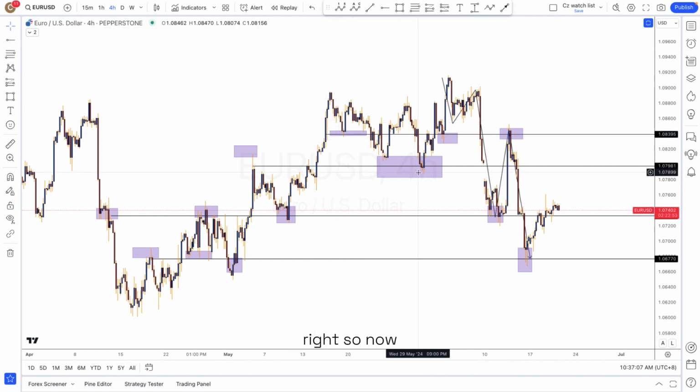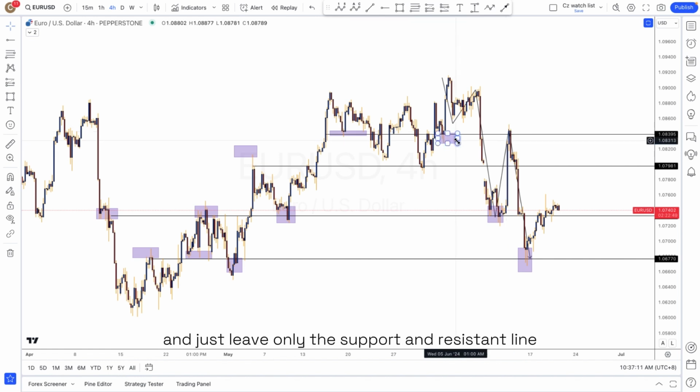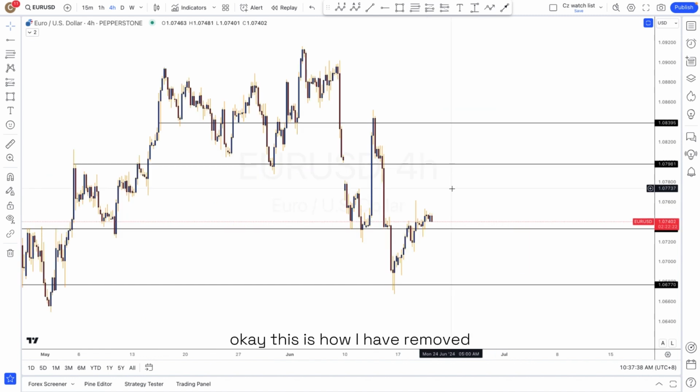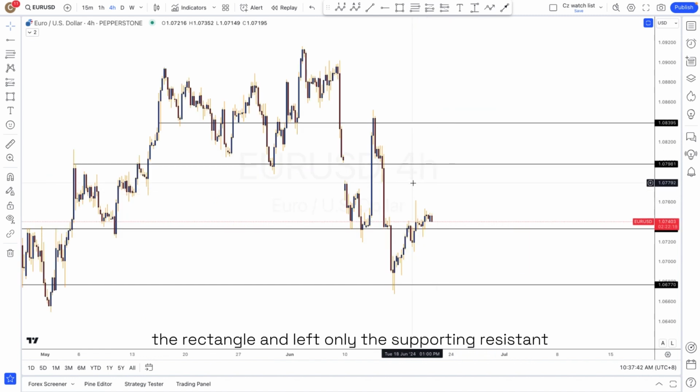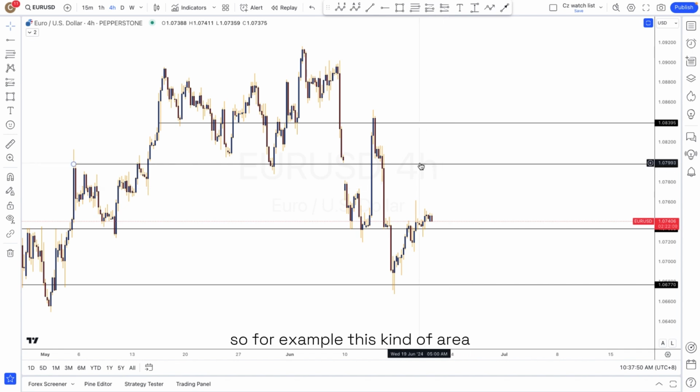right? So now I will just remove all the rectangles and leave only the support and resistance lines. Okay, this is how I have removed the rectangles and left only the support and resistance. So what kind of resistance and support is invalid to me? So for example, this kind of area.